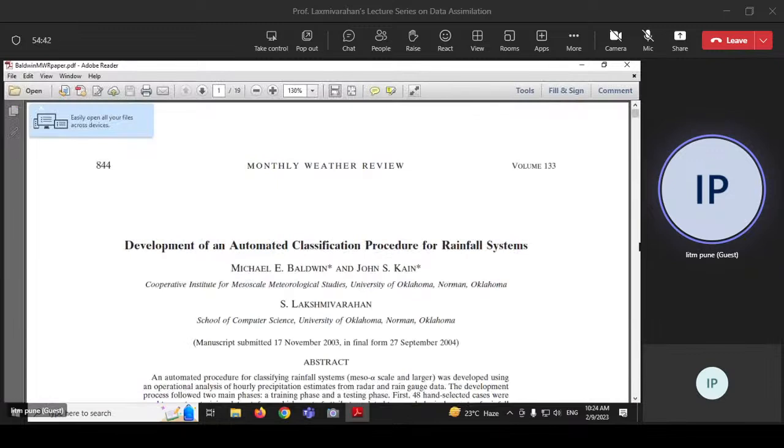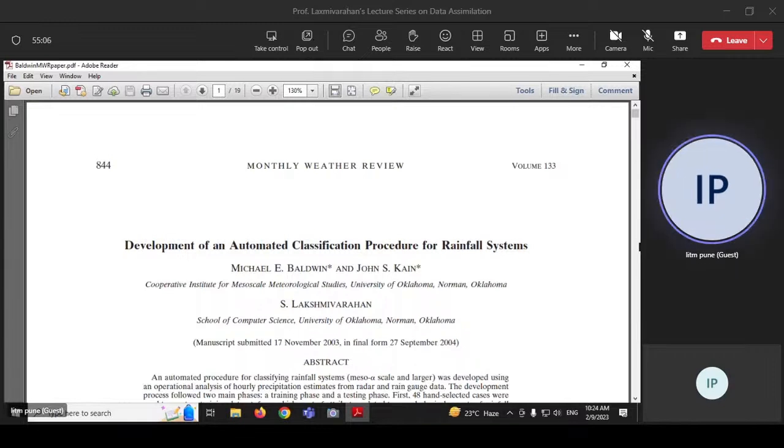Look at that. Development of an automated classification procedure for rainfall systems. Okay, rainfall. In the United States, it could be stratiform, the dull rain over a large region. It could be a line. It could be cells. In summertime, there are intense cells in a short region.